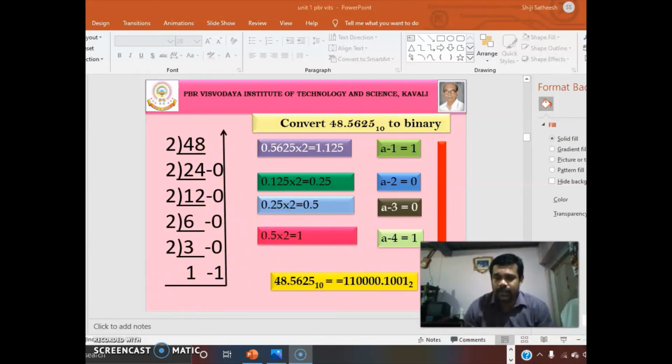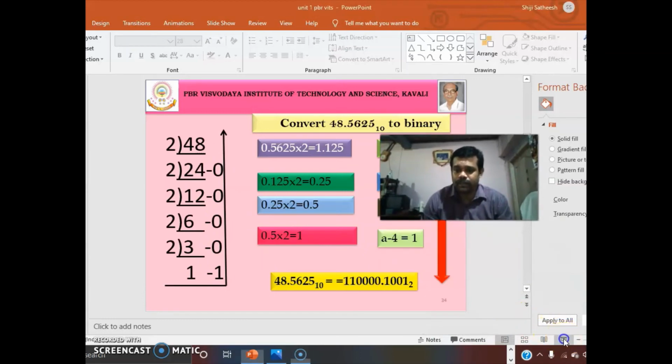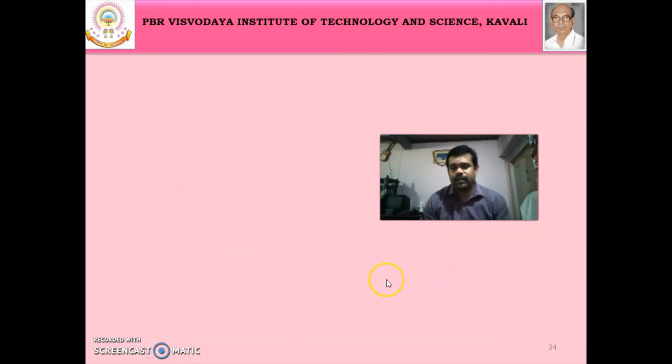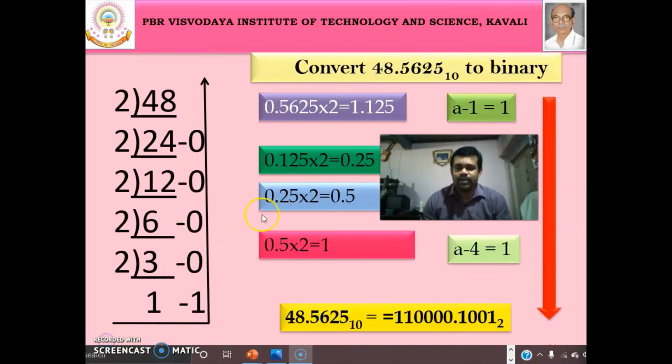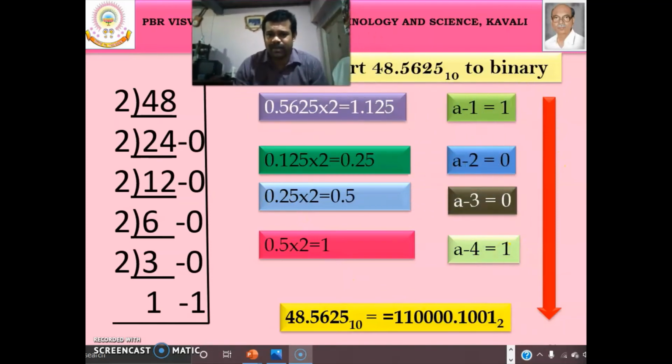So we have converted this 48.5625 from base 10 to binary. So this is the whole number part that we have written here and this is the fraction part that we have taken from here.